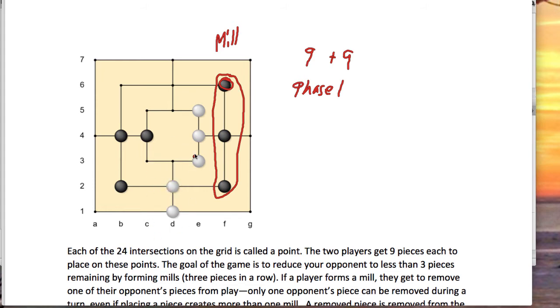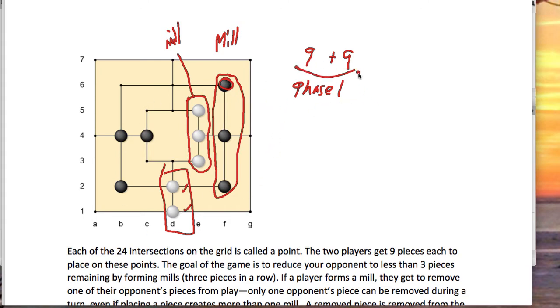There is a constraint, that we can take away from these pieces, but we can't take away from those because that is a mill. And we can't take away from the opponent's mill unless all they have are mills, and then we can take away from it. So in this case, if I got a mill, I can remove one of these, and that's what we do in phase 1.